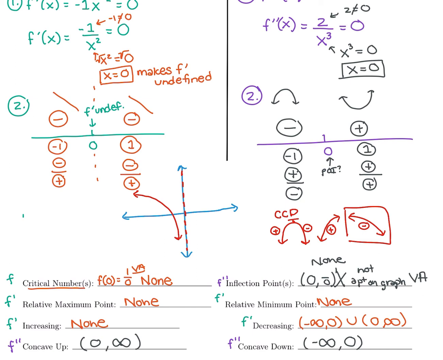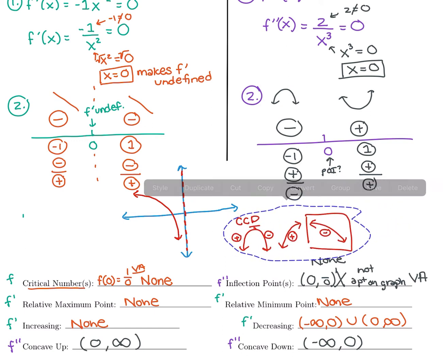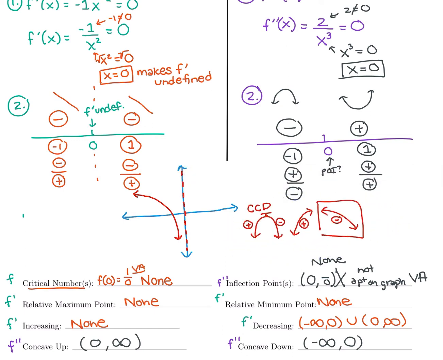The next interval after 0 is supposed to be decreasing but concave up to match this sign chart. So we want to find something decreasing but concave up. So we're going to draw our 3 U's, but for concave up this time. Concave up could be a full U. It could be just the left side of the U, or it could be just the right side of the U. We want to figure out which one's always decreasing to match that first sign chart.